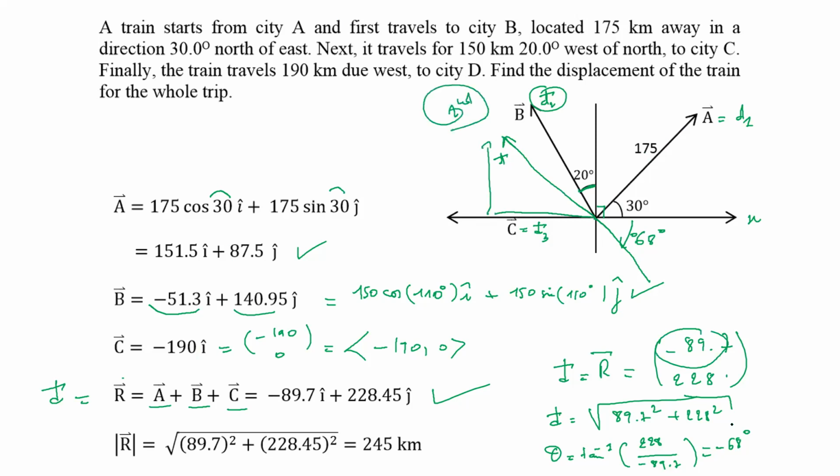Because this is minus 68, I have to add 180 degrees in the positive direction to get this angle in the second quadrant, from the positive x-axis. So this plus 180 degrees will give you, let's say, 112 degrees. This is this angle here.